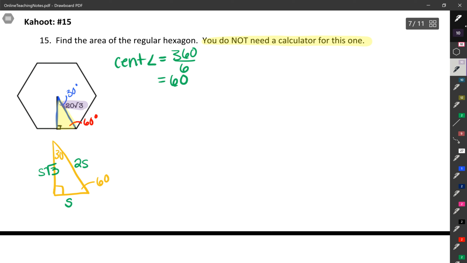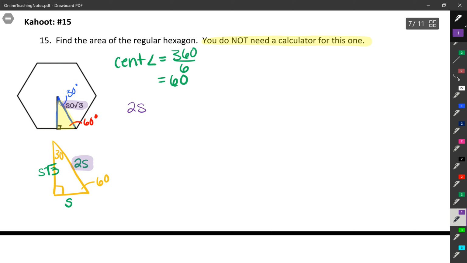This 20 square root of 3 is this 2S right here. So if I just divide by 2, then S is equal to 10 square root of 3. That's this side right here.